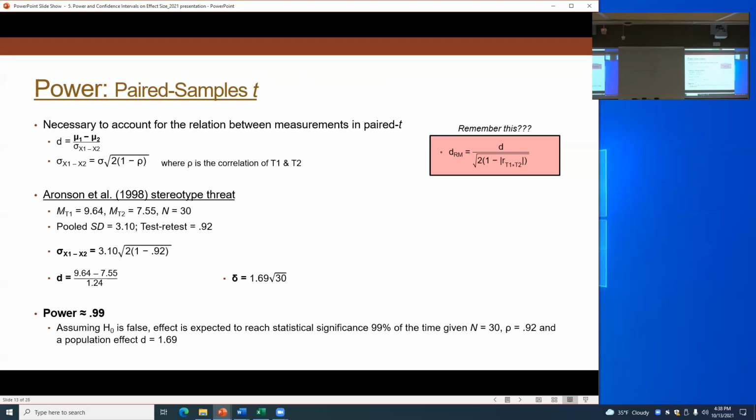9.26. If we look at our table, is that even on here? No. Okay. So we say, assuming the null is false, expected to reach statistical significance 99% of the time, given a sample size of 30, correlation between assessments 0.92 and a population effect of d equals 1.69. What happened to my power estimate when I ran this as a between subjects versus a paired sample test?